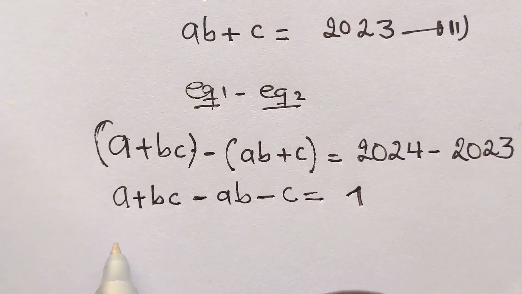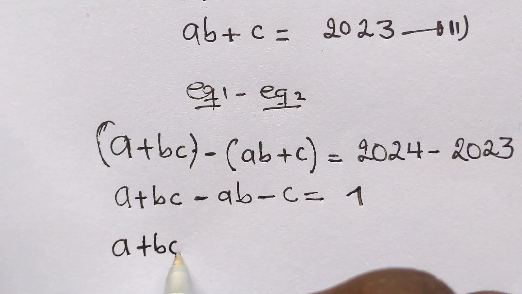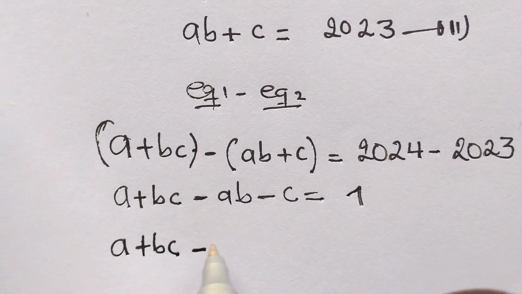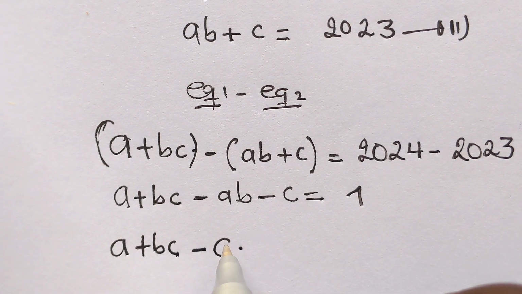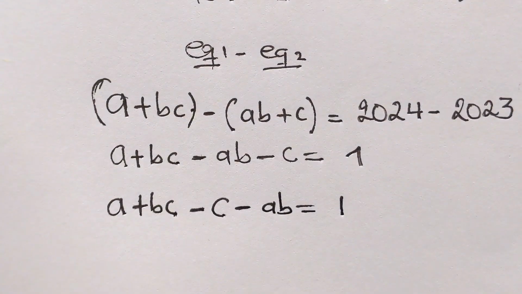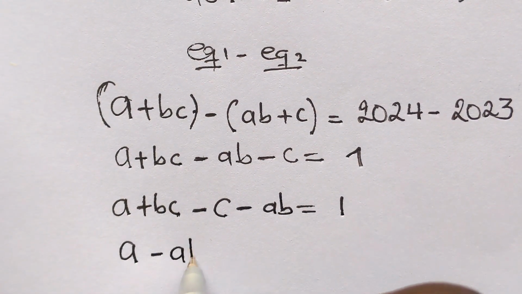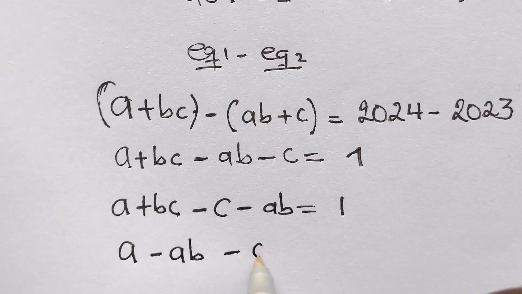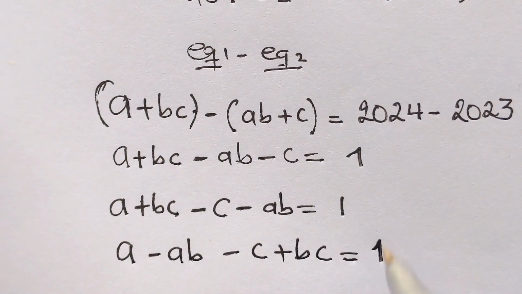By grouping terms, we have a minus ab, then minus c plus bc, which is equal to 1.